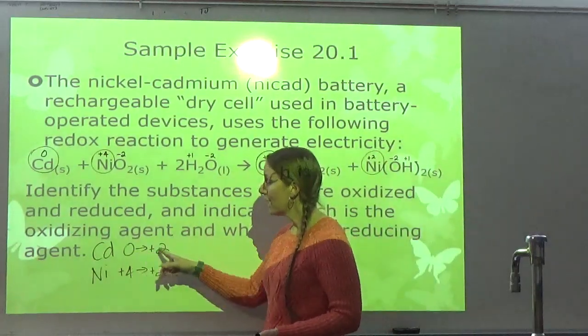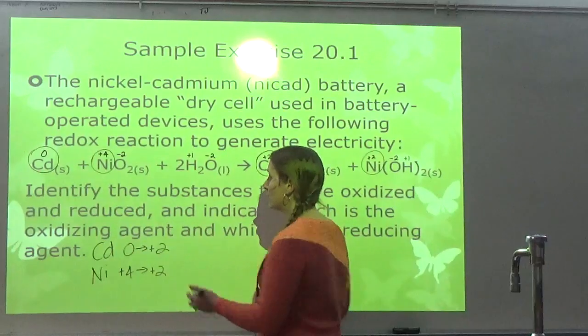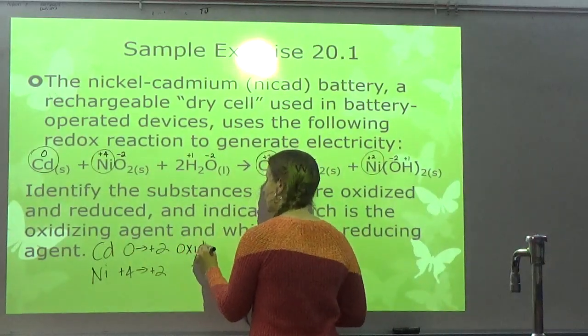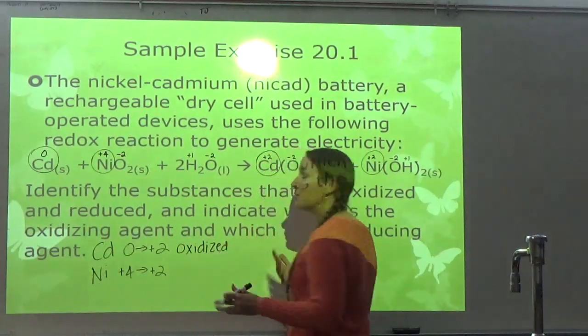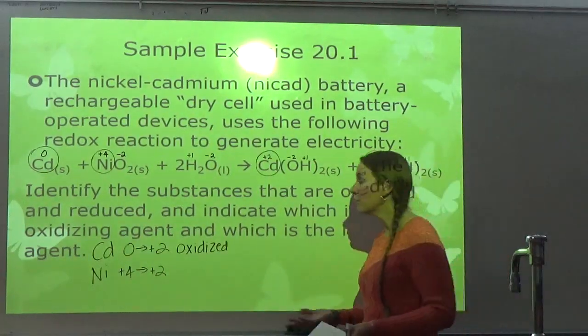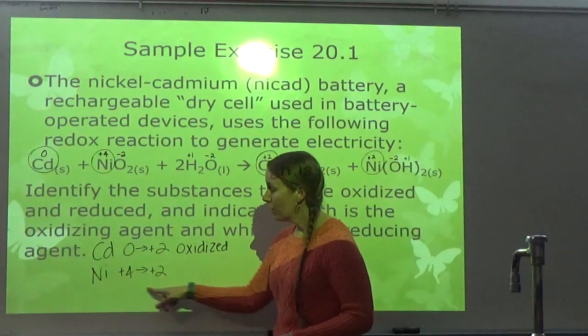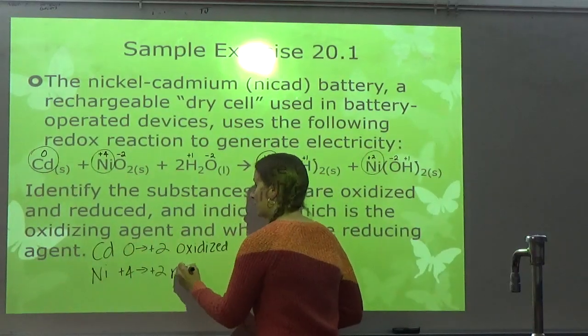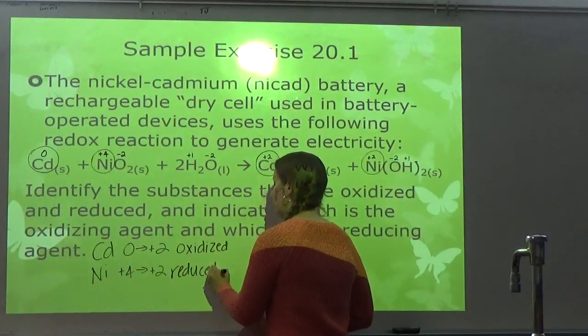Cadmium went from 0 to +2, so it was oxidized. Reduction is gain of electrons, so that either means it's going to become negative or less positive. Nickel became less positive, so it was reduced.